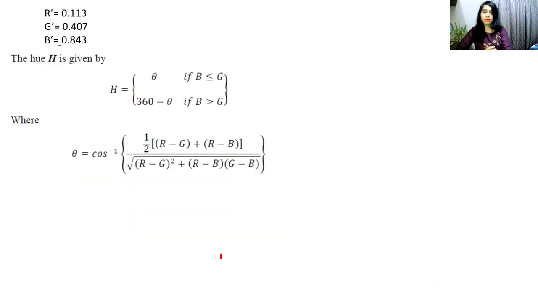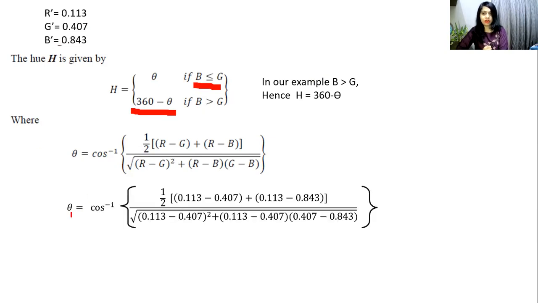And now we have to solve for H. For H, we have this condition. First we have to check whether blue is less than green or not. In our example, blue is greater than G. So we have to use the formula 360 minus theta, because blue is greater than green. First we'll calculate theta. For theta calculation there is a formula: theta is equal to cos inverse of, and then put in all the values and solve this equation.